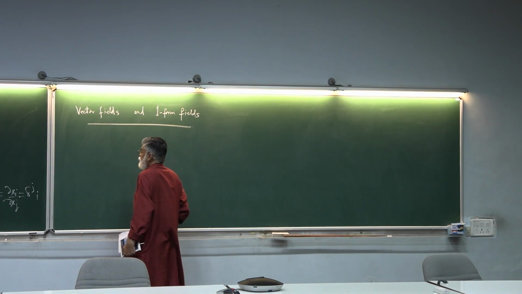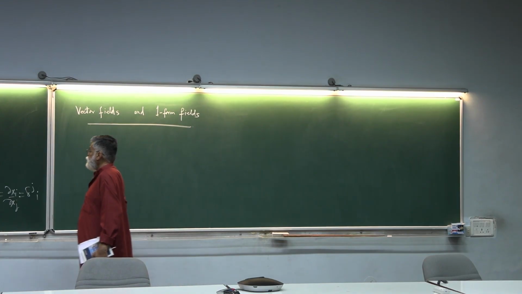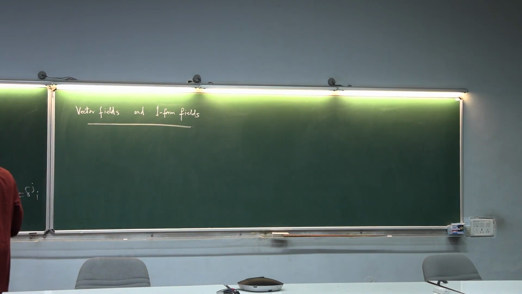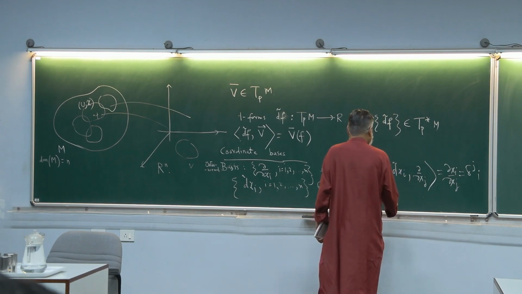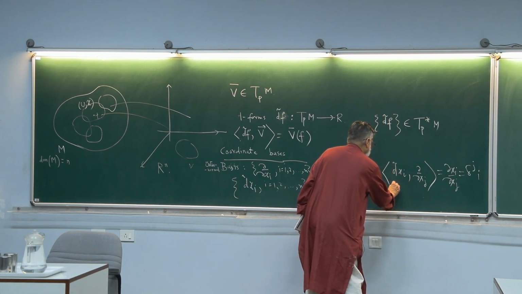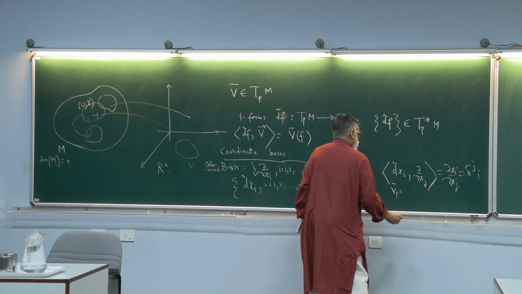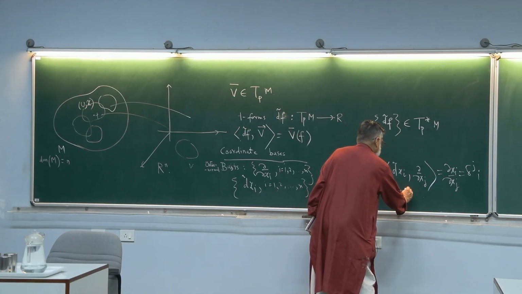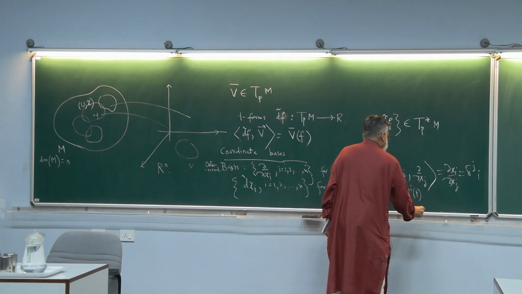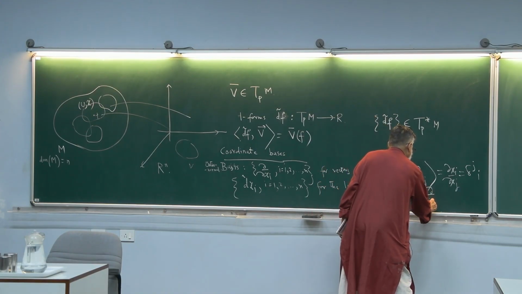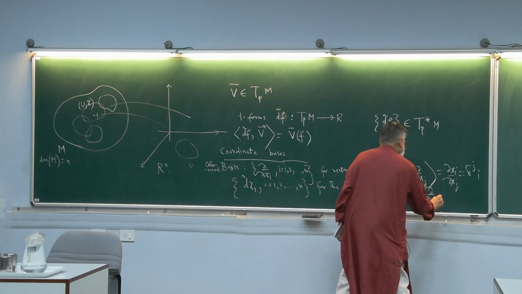And it's a trivial generalization, just like in terms of the basis vectors, a vector at point P can be written in terms of the components V i at point P, del by del x i.